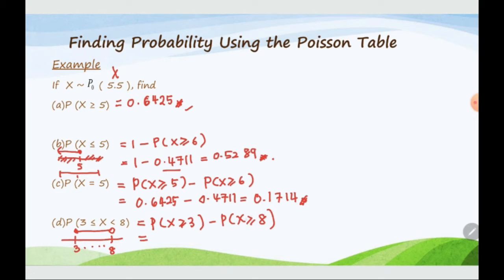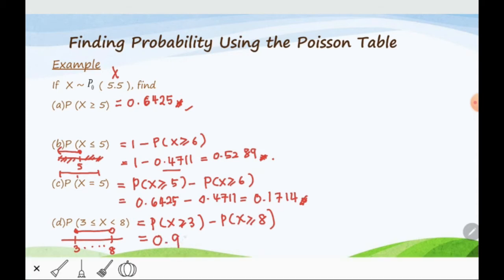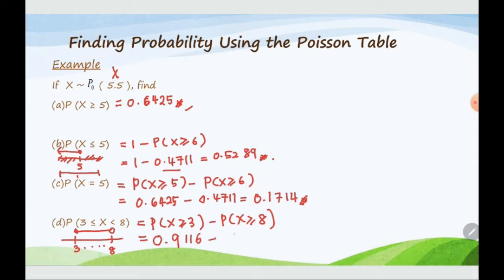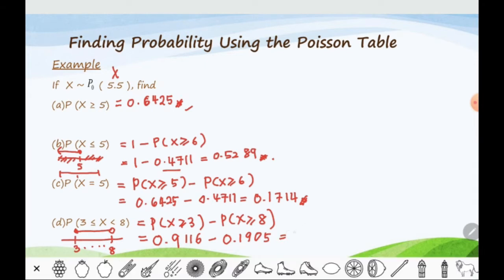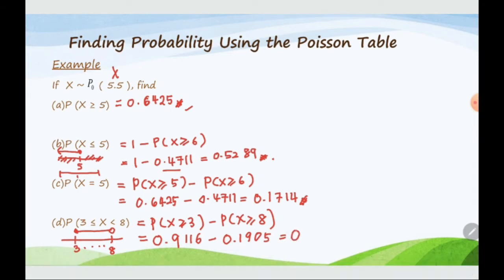If 8 were included, we would take the next number, which is 9. Reading from the table, you got 0.9116 minus 0.1905. Calculate using your calculator and you get 0.7211.